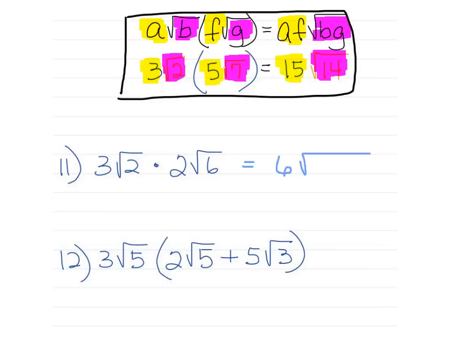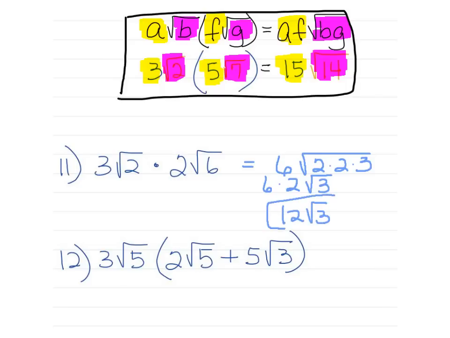So I'm going to factor the 6. I have 2 times 2 times 3. And I can simplify that by pulling out the perfect square of 2. So I have the 2 outside of the radical symbol. And so my answer would be 12 radical 3.